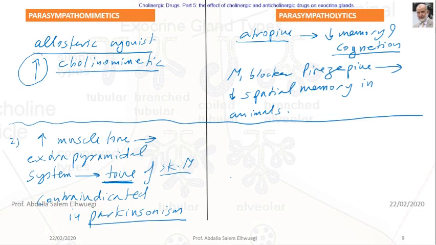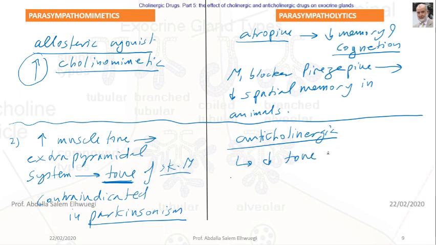Of course, on the other hand, anticholinergics or atropine-like drugs, by blocking muscarinic receptors in substantia nigra, will decrease muscle tone. They will have the opposite effect.